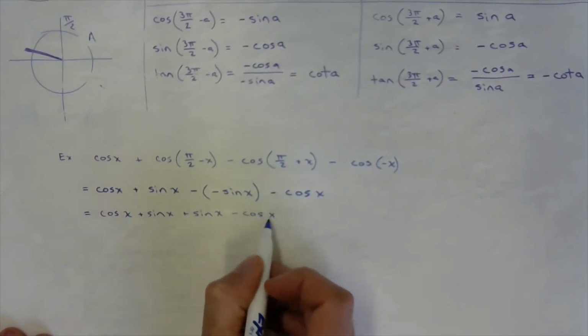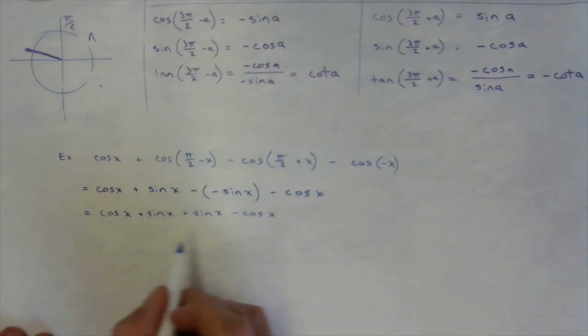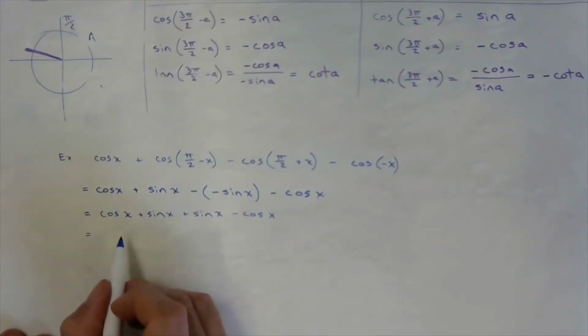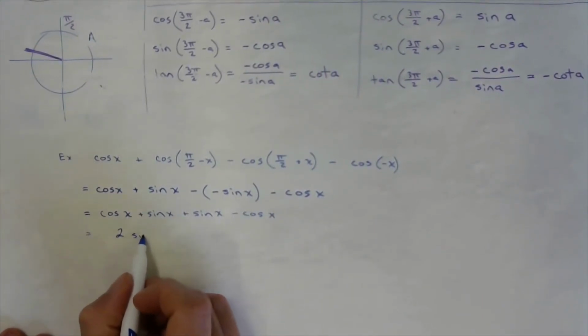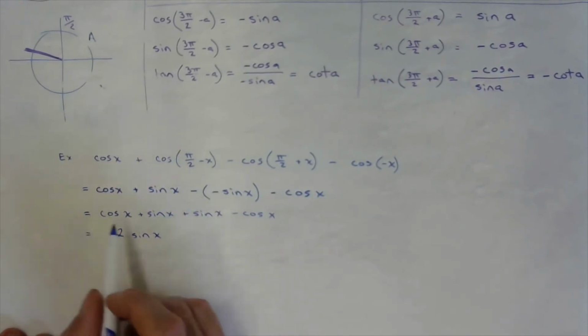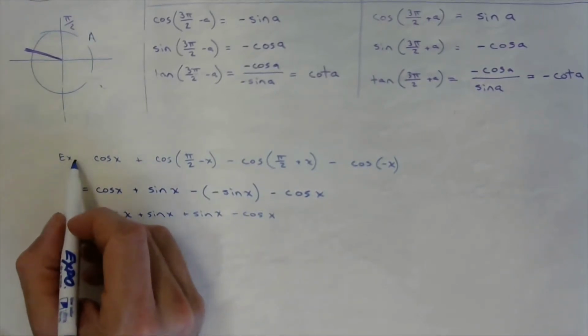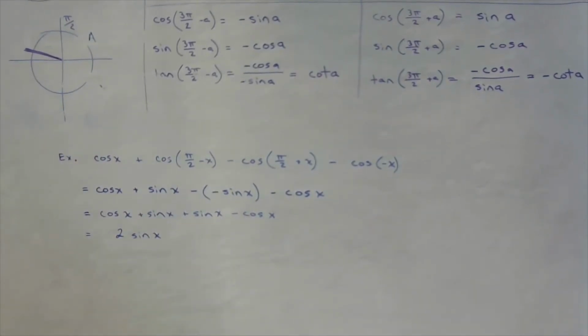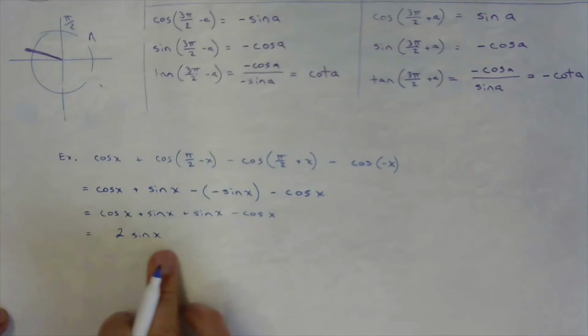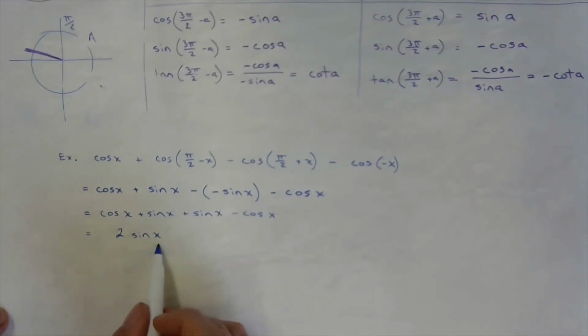So we have plus cos x minus cos x, that's 0. And we have 2 sine x. Sine x plus sine x is 2 sine x. So it's just an application of those correlated angles. That was simplifying for when we don't know the angle.